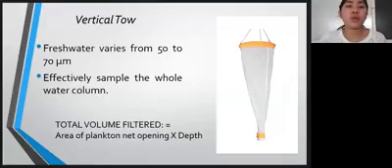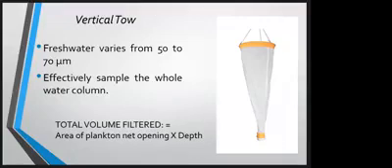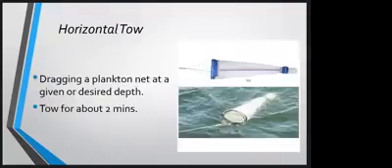Another is, of course, the horizontal tow. For horizontal tow, it's all about dragging a plankton net at a given or desired depth. So you will tow for about 2 minutes.